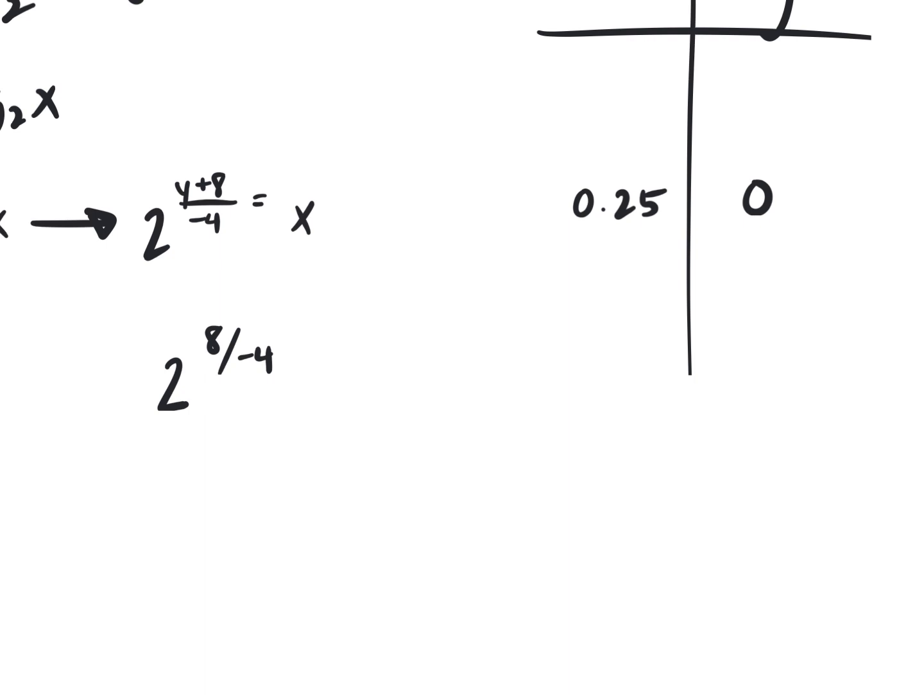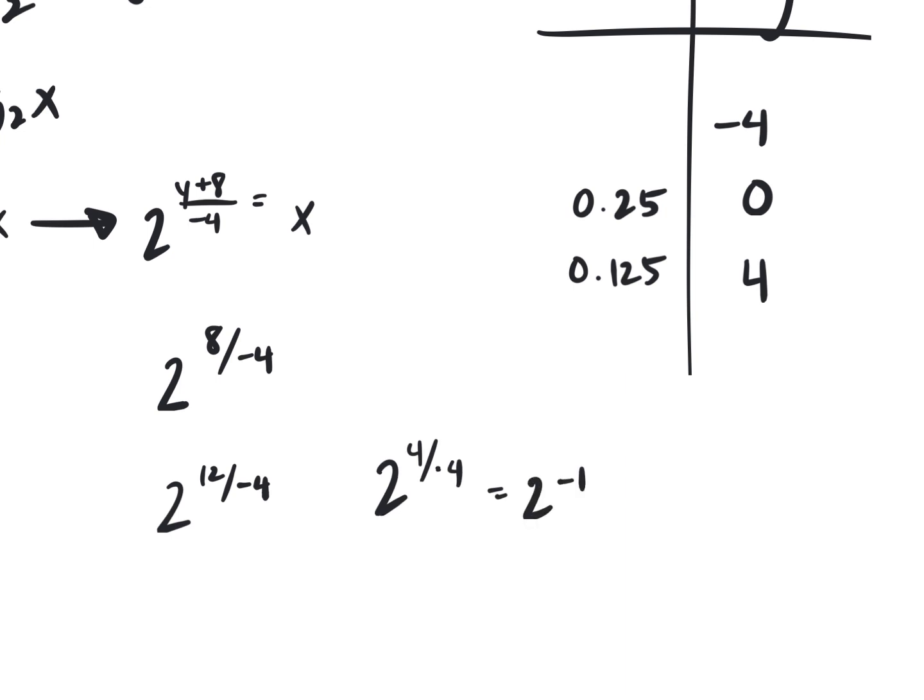I like it. Let's plug in 4. I get 12 on top, divided by -4, so that would give me 2 to the -3rd, which would be 1 over 8, which is 0.125, I believe. Let's plug in -4. I get 2 to the 4 divided by -4, 2 to the -1, or 0.5.